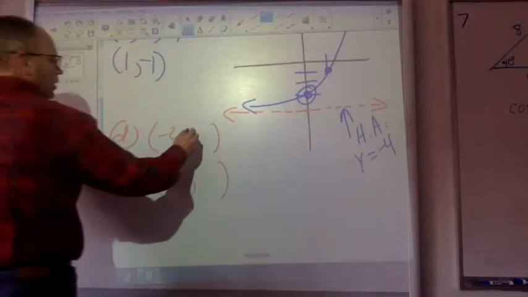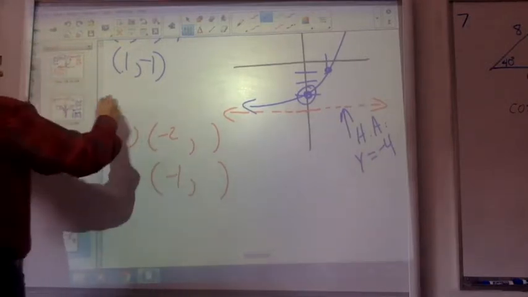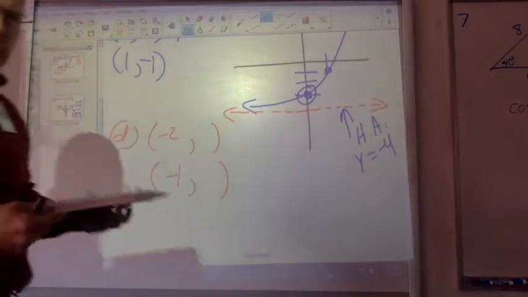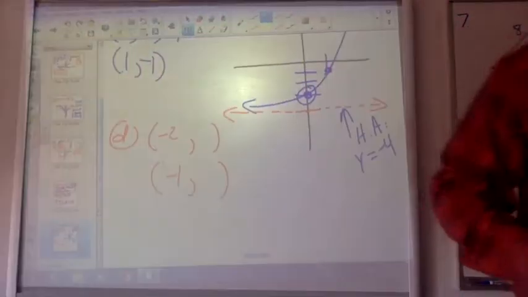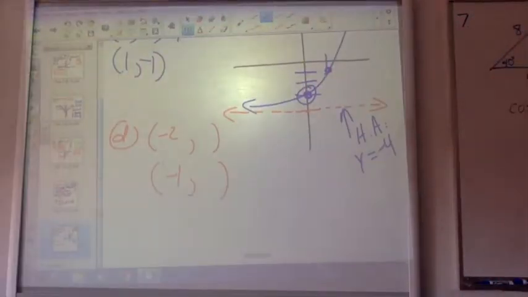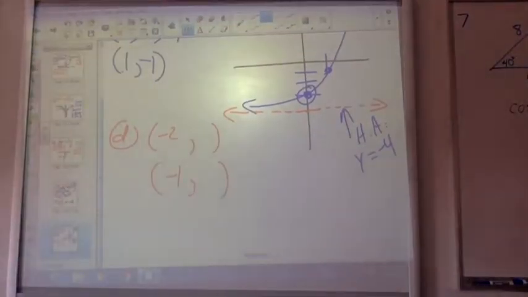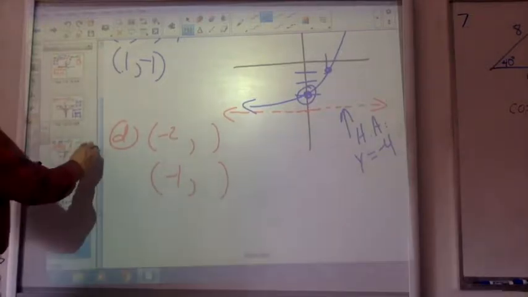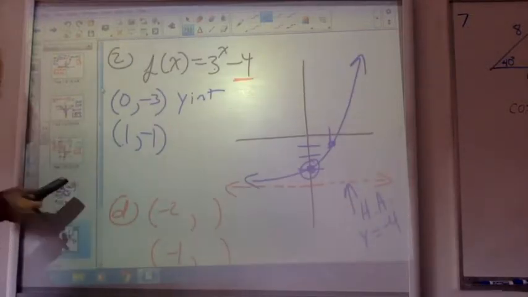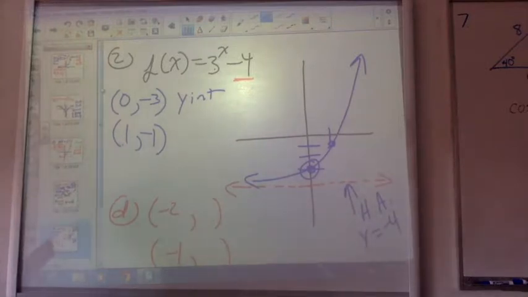Is that right? Hang on. Borrow your calculator real quick. 3 raised to the negative 2 minus 4.